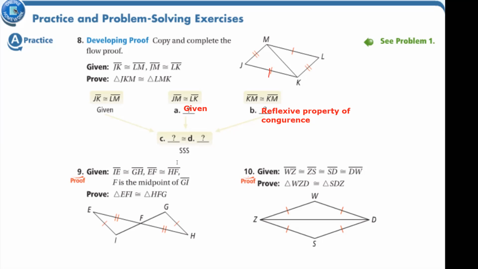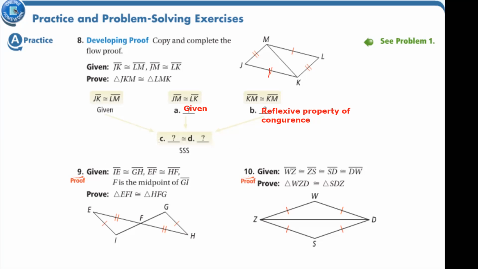Now, here I said JK is congruent to LM, JM is congruent to LK, and KM is congruent to KM because of the reflexive property. So what can I conclude? That triangle JKM is congruent to triangle LMK. These two triangles are congruent.